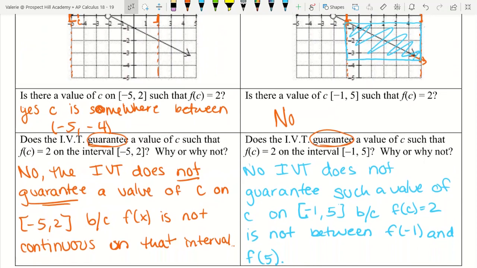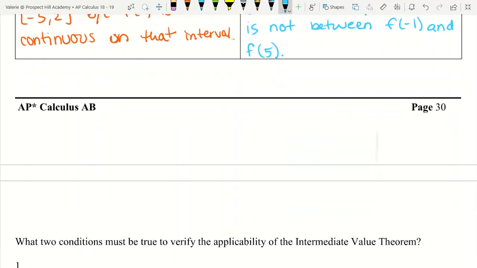Right, so the y value of 2 is not in between the y value when x is -1 or the y value when x is 5.